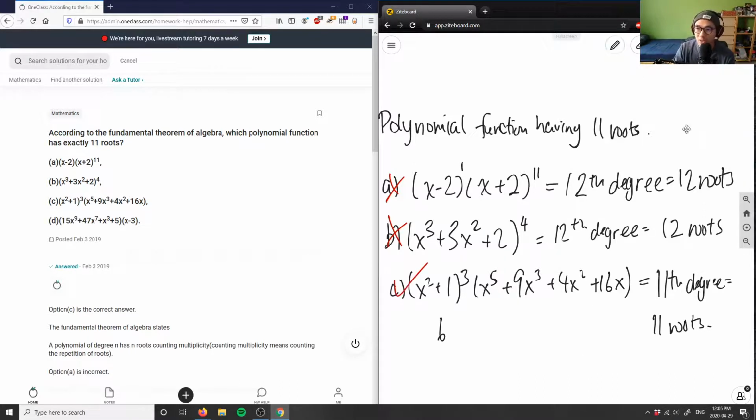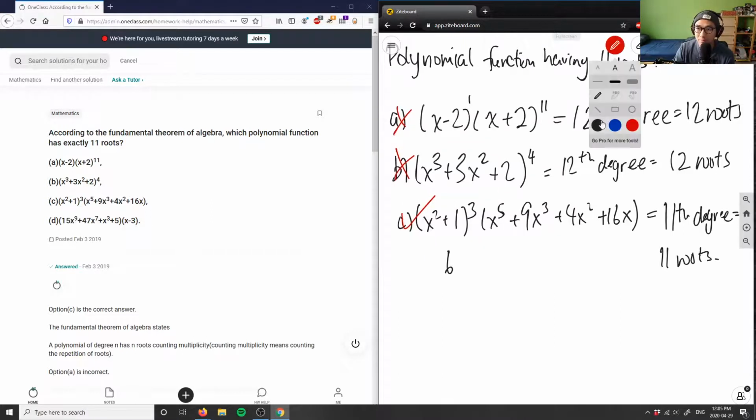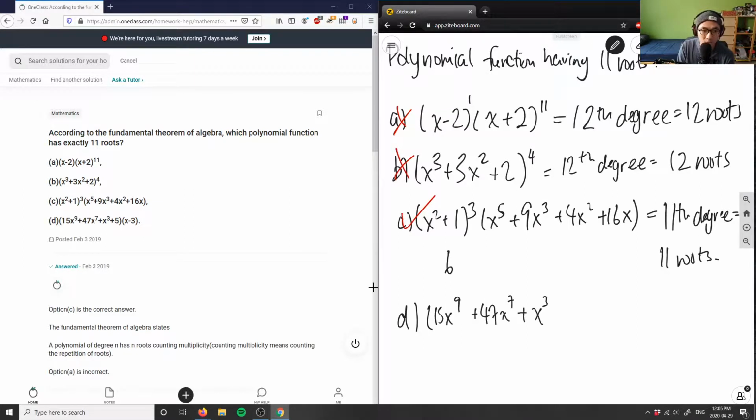I'm going to check D for you as well to ensure that this is the correct answer. D is (15x to the 9 plus 47x to the 7 plus x cubed plus 5) times (x minus 3).